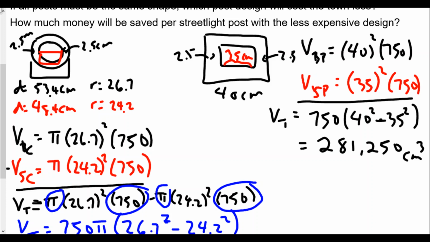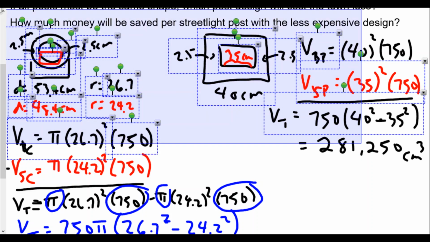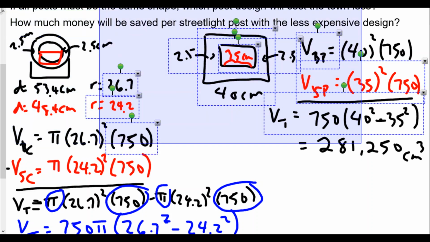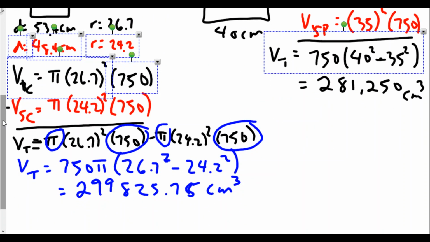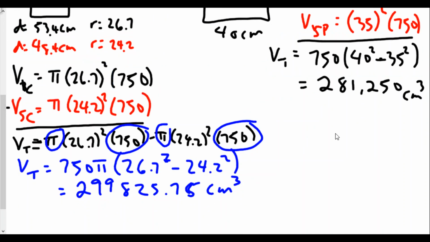Okay, so now what we have to do is take a look at the difference of the whole thing. Let me move this up a little bit. Okay. So what we want to do now is see that the lamppost with the smaller volume will definitely be the rectangular prism one, and we'll take a look at the difference.